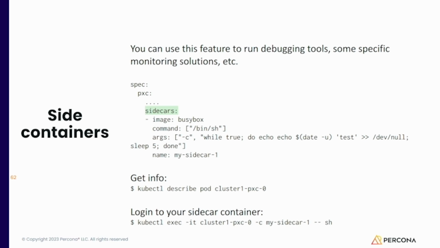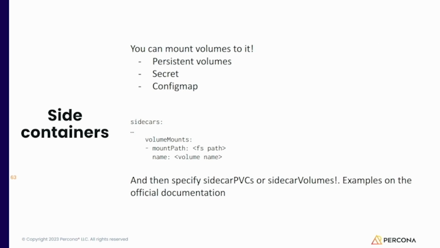Following the Kubernetes and container philosophy, you want one container per service or per product. So HAProxy will be in one container, the database in another, the monitoring tool in another, and so forth. That's why, if you need something else, you use a side container rather than installing stuff on top of the other components.